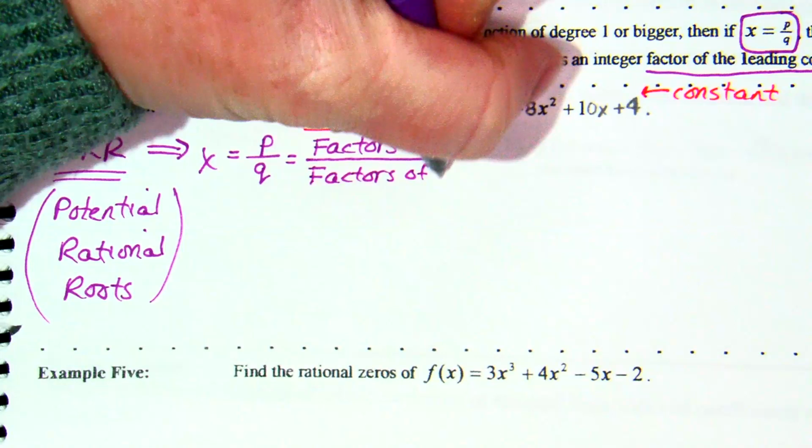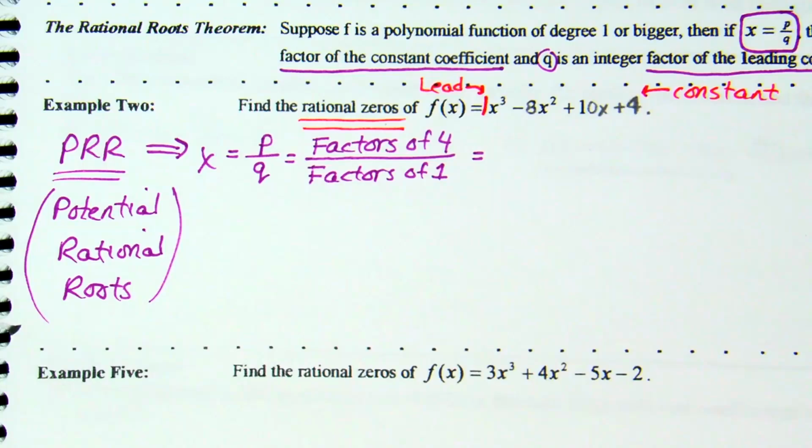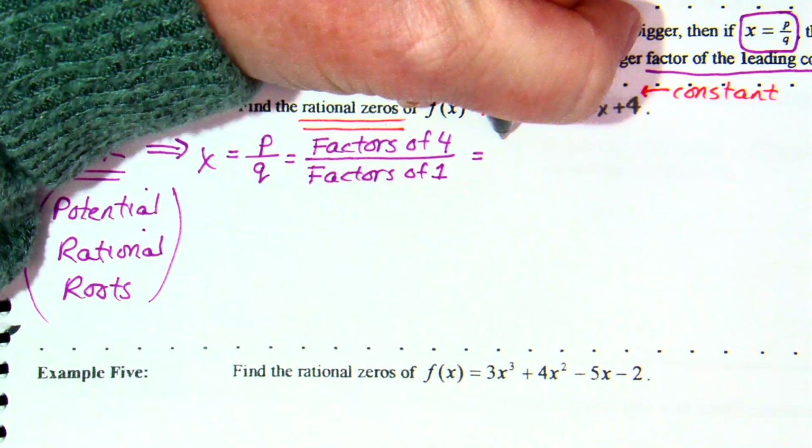Okay, what are the factors of 4? 2 times 2 and 1 times 4. So if I list those, now keep in mind, it did say integer factors, so we're going to use positives and negatives here.